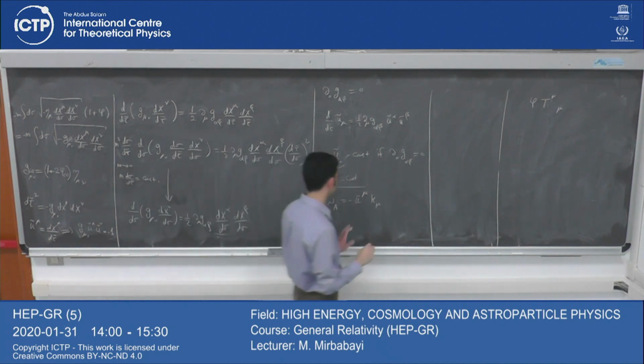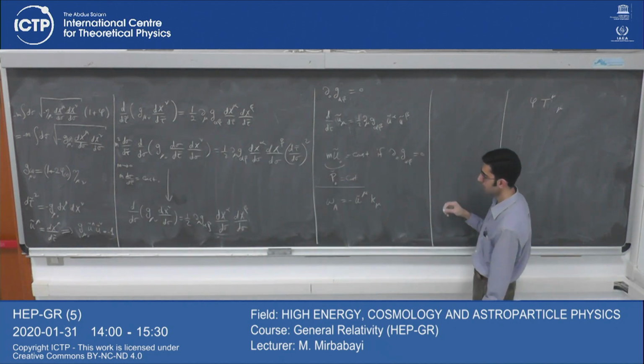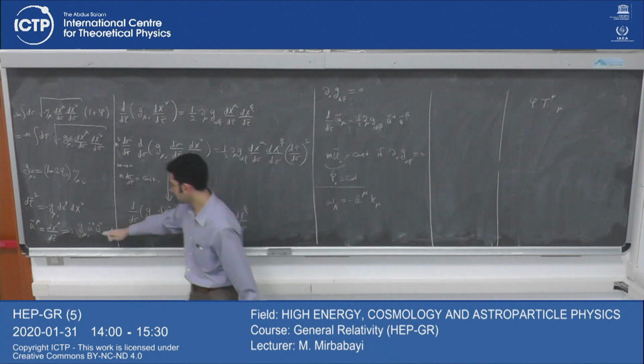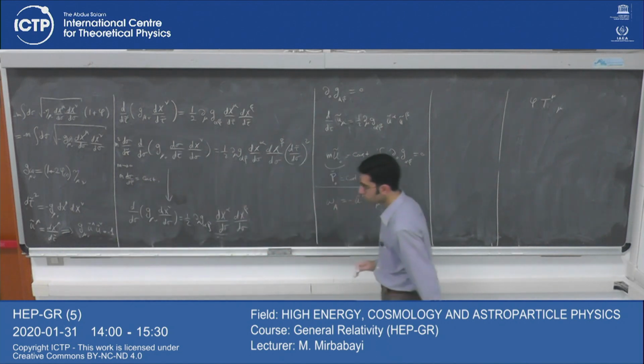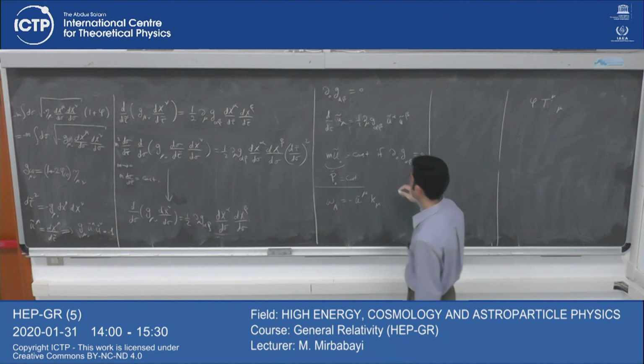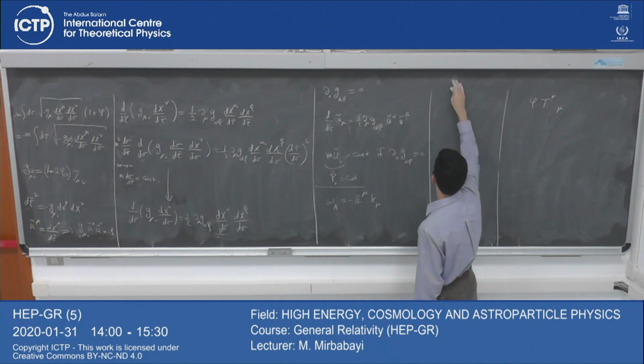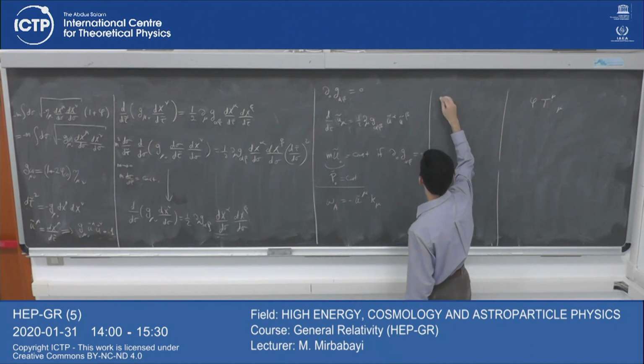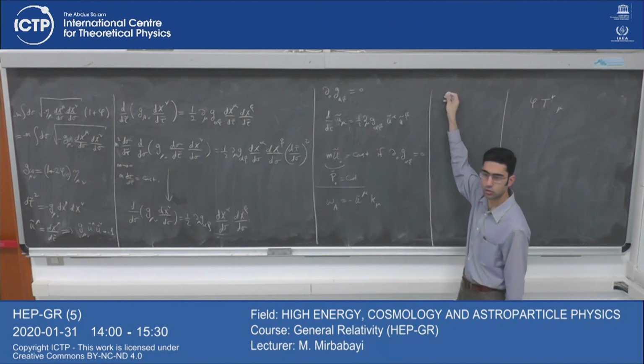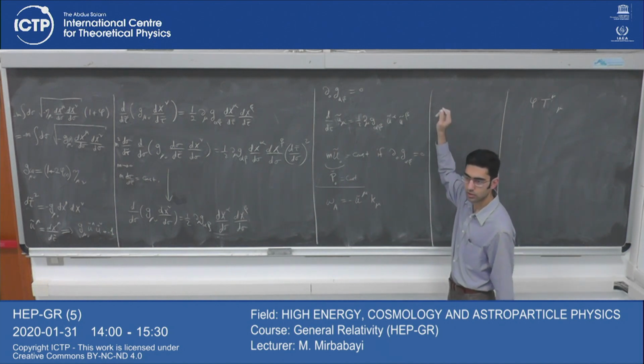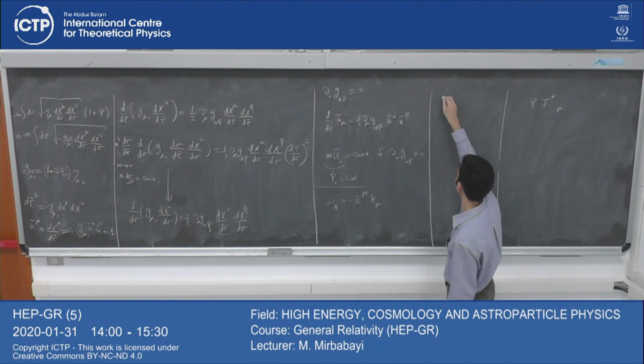Now, if I have an observer at rest and I want to use the normalization condition, observer at rest means that u^i is equal to 0. There is only the zeroth component.